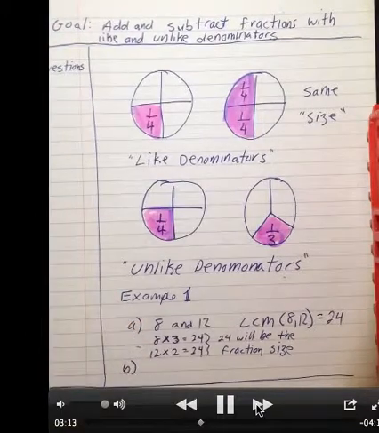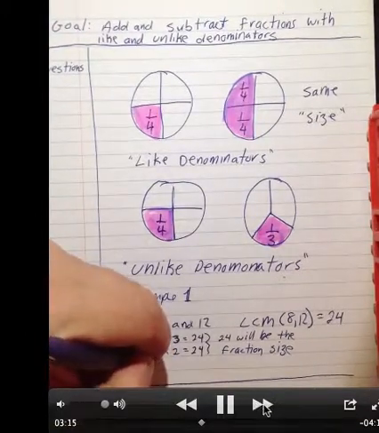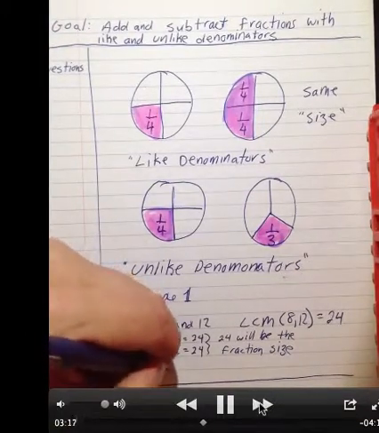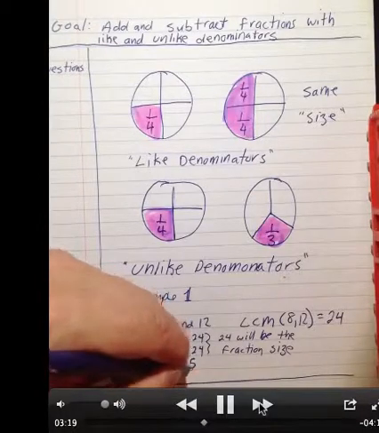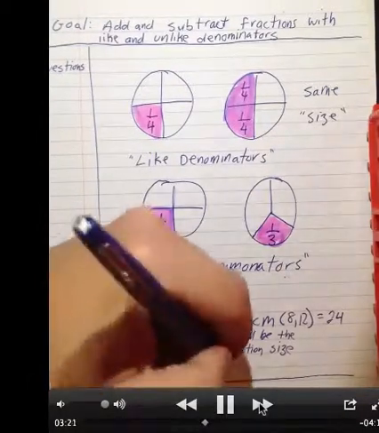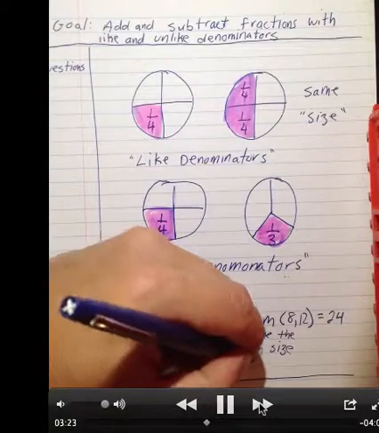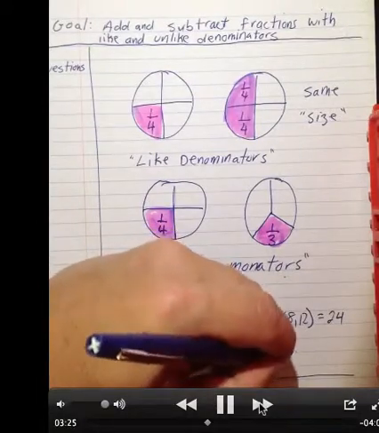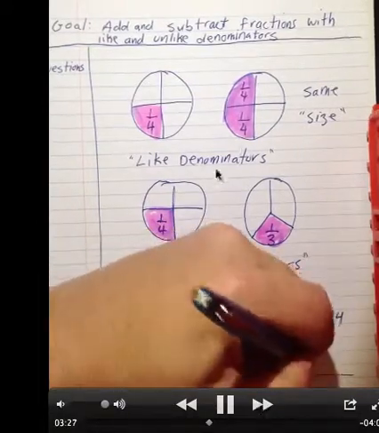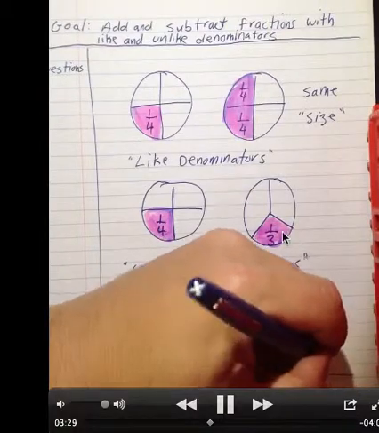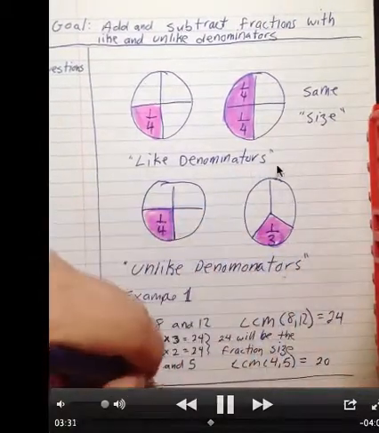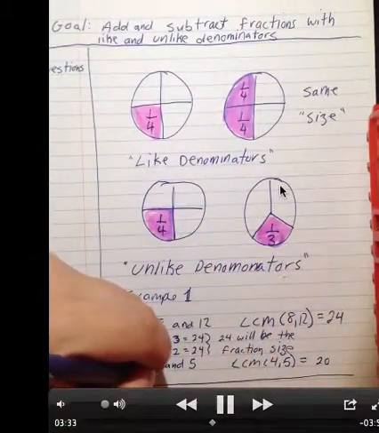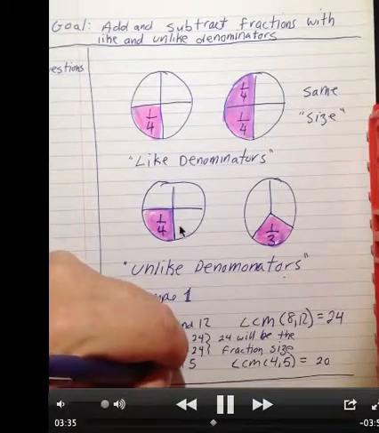Example 1b is 4 and 5. And the reason that we're finding the least common multiple is if we had a fourth and a fifth and we were trying to add those together, we need to find a common size. Like if this was a fourth and this was a fifth, what size could we cut these into so that we could add them together?